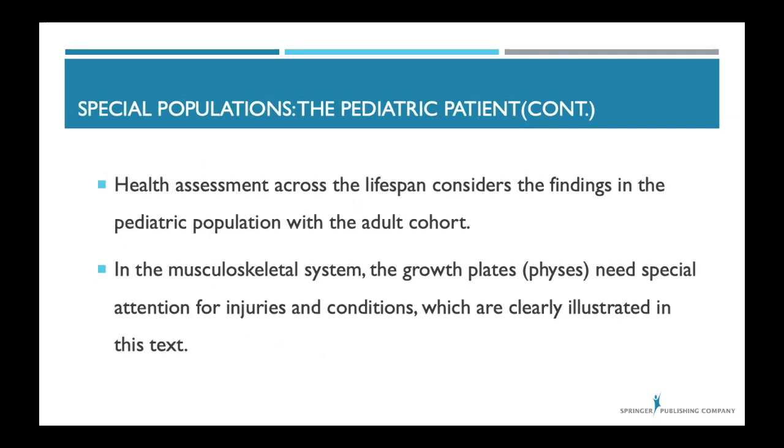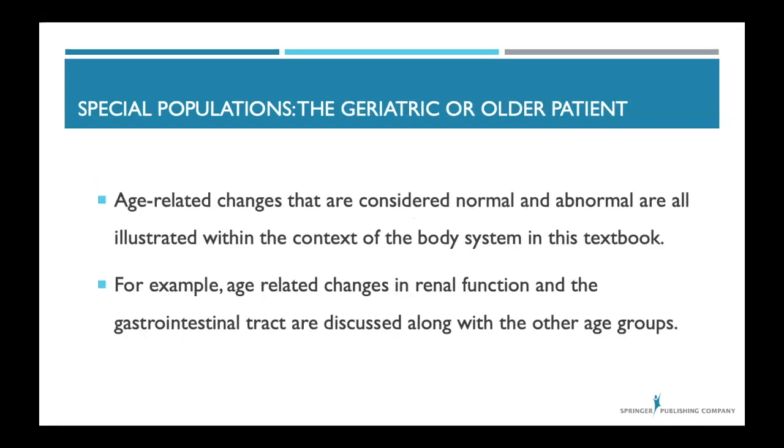This considers the pediatric population right there with the adult cohort and then differentiates what we might find in that body system for the pediatric patient. A good example is in the musculoskeletal system, where we must consider the physes, right? The growth plates in that special population need different attention than in somebody who is skeletally mature. And these are clearly illustrated throughout the text. It'll help us in our teaching, and it'll help us in our patient care.